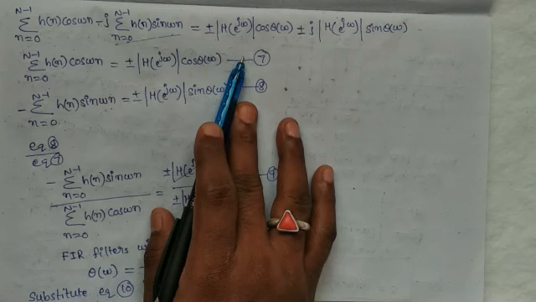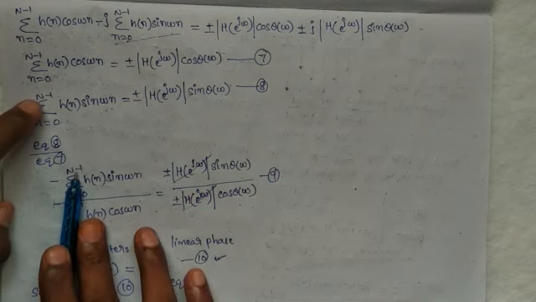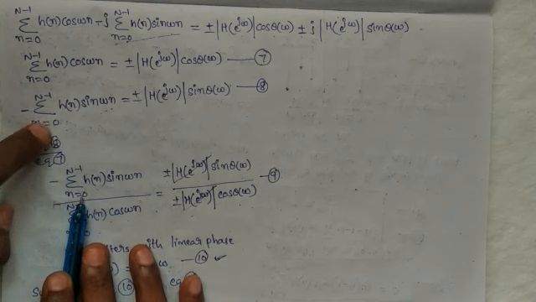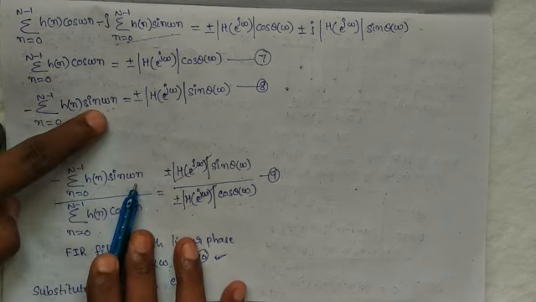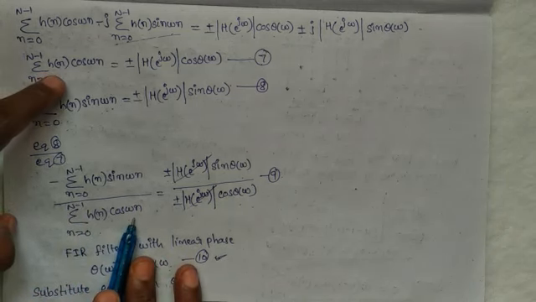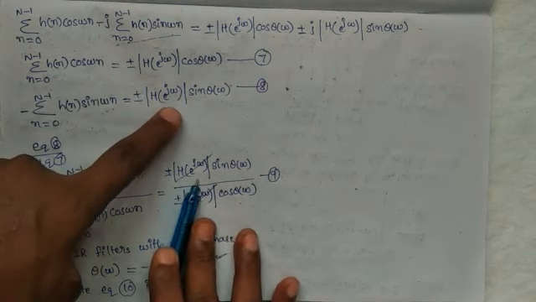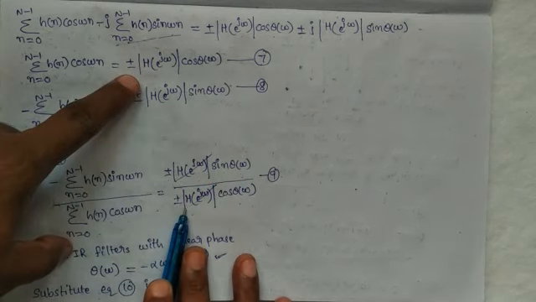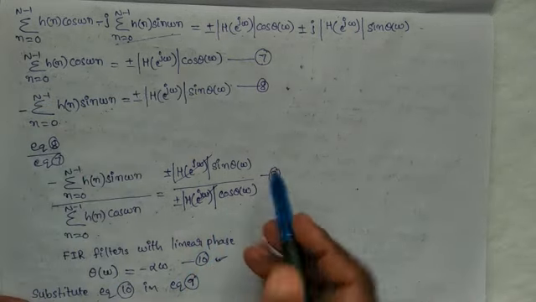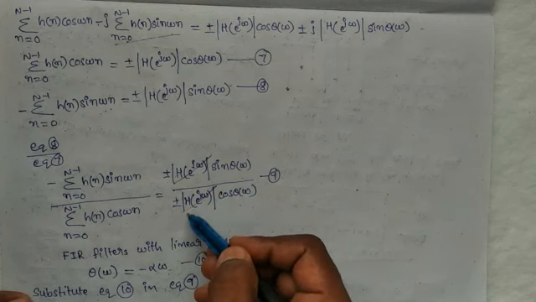On left hand side we are observing minus summation n is equal to 0 to capital N minus 1 h of n sin omega n by summation n is equal to 0 to capital N minus 1 h of n into cos omega n is equal to, on right hand side, plus or minus mod h of e power j omega into sin theta of omega by plus or minus mod h of e power j omega into cos theta of omega. On right hand side, plus or minus mod h of e power j omega gets cancelled.